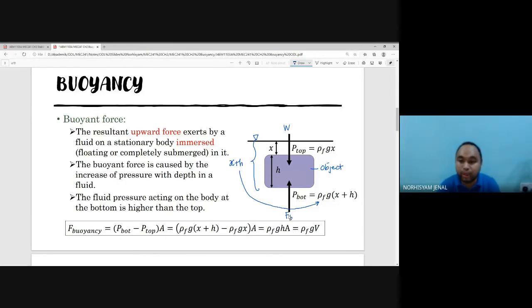W acts at the centroid of the object. FB, the force of buoyancy, acts at the centroid of the submerged part of the object.